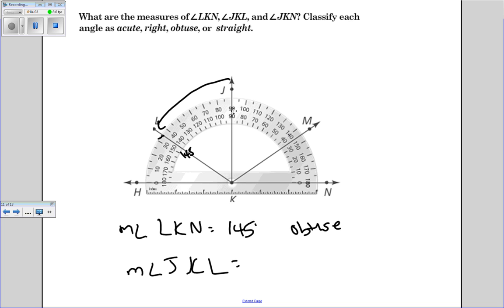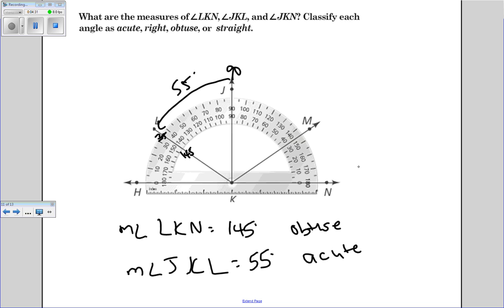Well, this one is at 90 at J, and L we said was either 35 or 145. It doesn't matter, because the distance from 35 to 90 is 55, and the difference from 145 to 90 is 55. So it doesn't matter which one you use there. It's 55 degrees. Since this is less than 90, this is an acute angle.